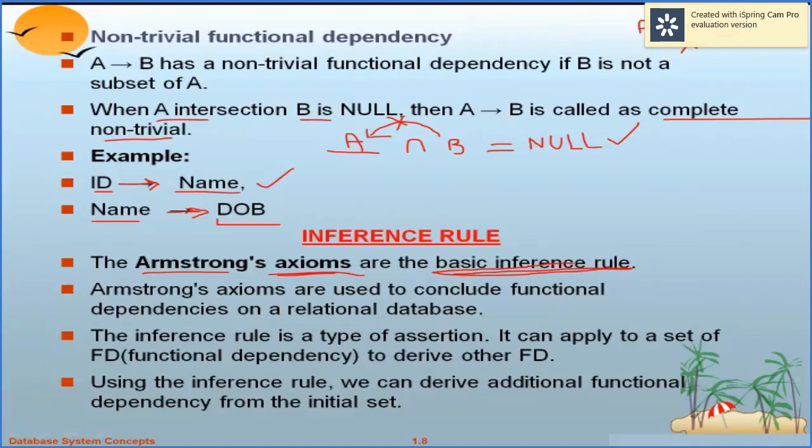So what is the need of these rules? These rules are used to conclude the functional dependencies on a relational database. So these rules will help you or guide you in forming the functional dependencies for a particular relation or a particular table.